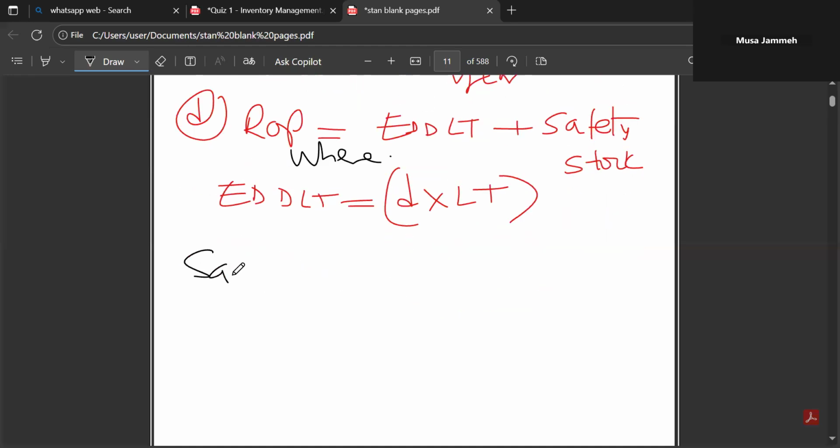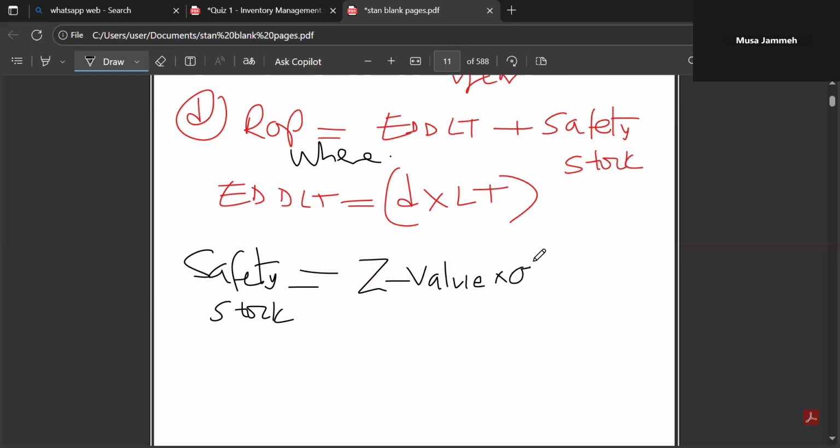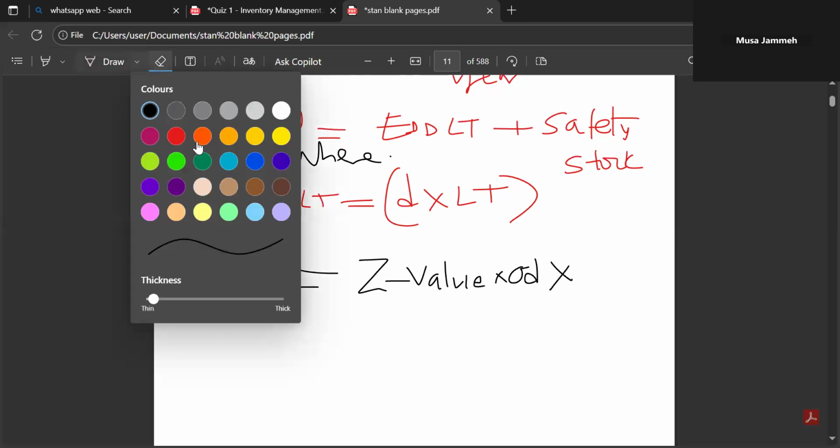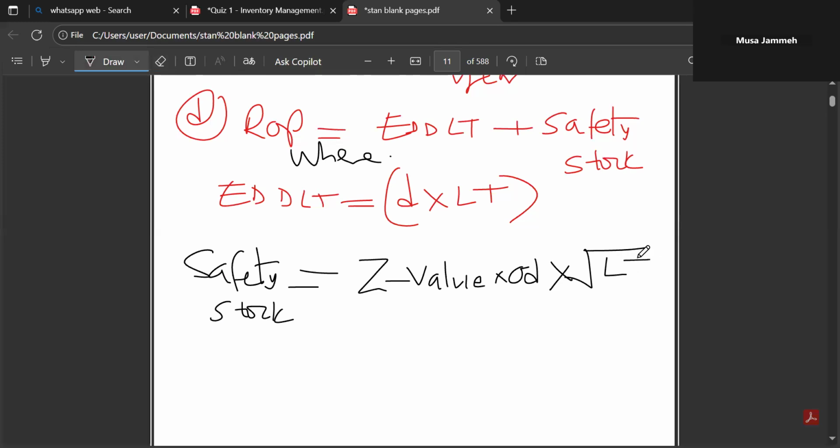Then our safety stock is equal to the Z value multiplied by the standard deviation of demand multiplied by the square root of lead time. Okay, so the square root of what? Lead time.